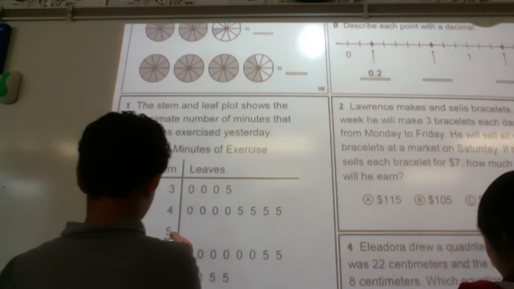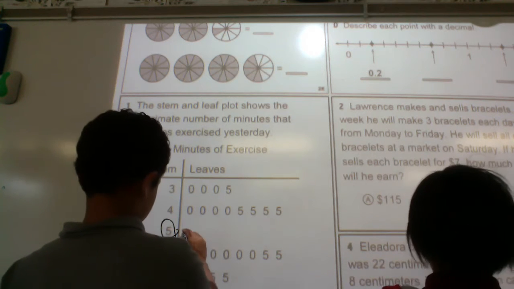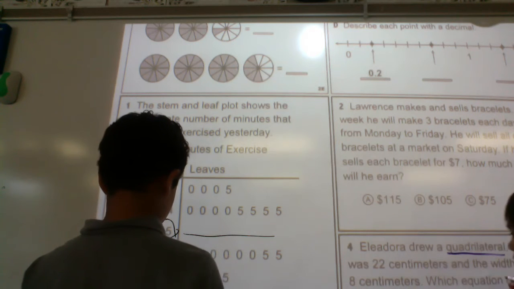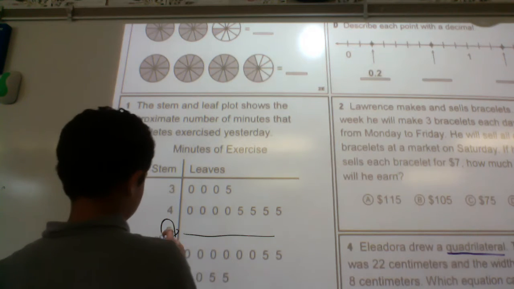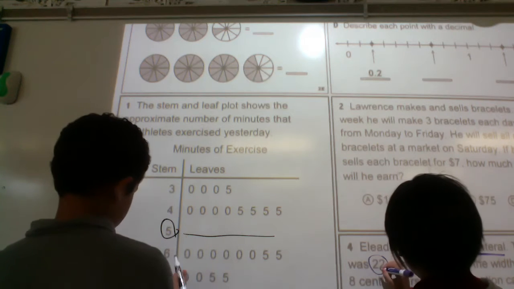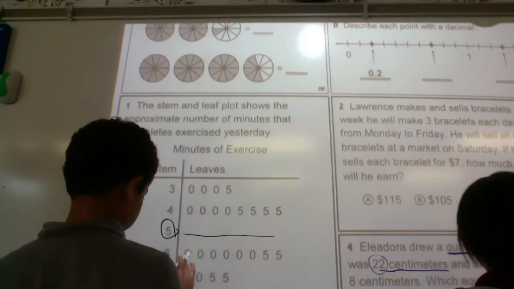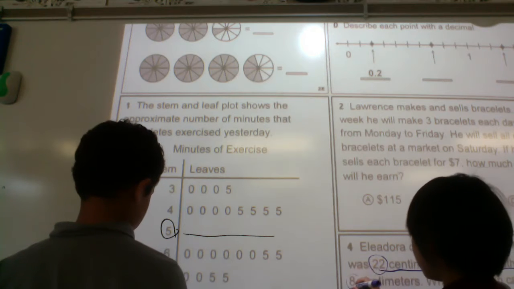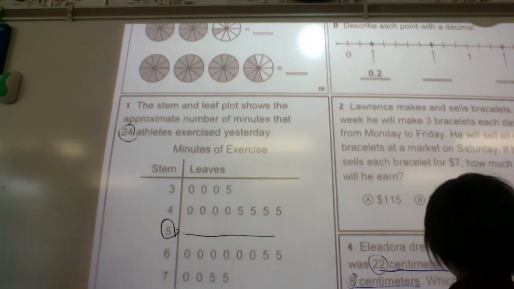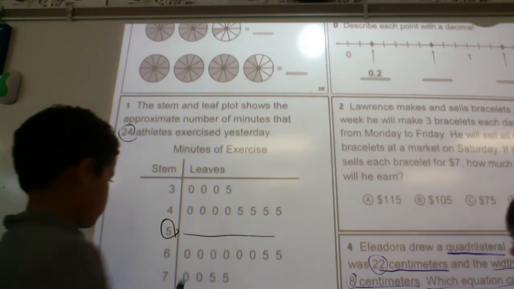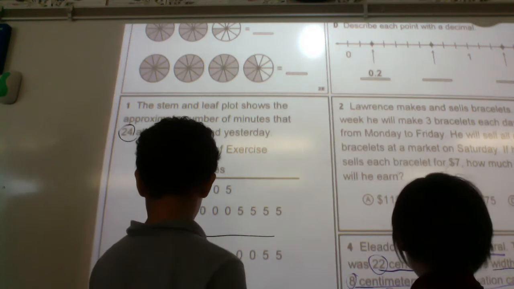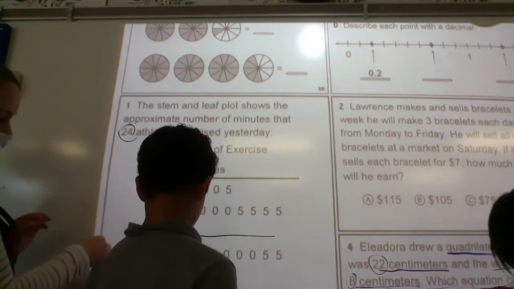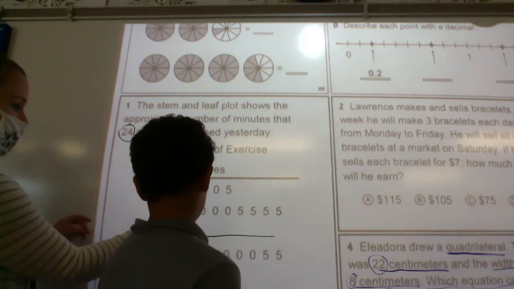Okay. There's no zero. How'd you get 5? There's no zero. But remember that this represents the amount of minutes.